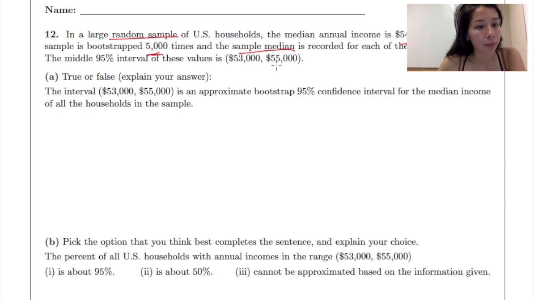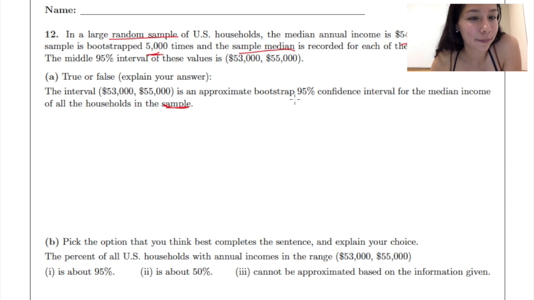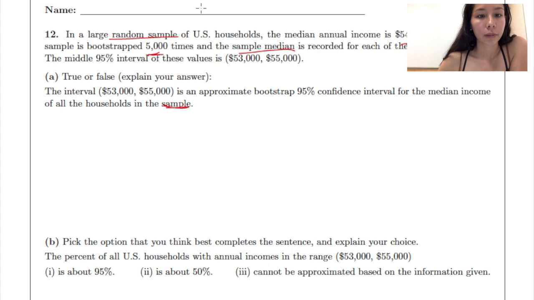Alright, so the first question, we are just looking at true or false, and it says the interval 53,000 to 55,000 is an approximate bootstrap 95% confidence interval for the median income of all the households in the sample. When I immediately looked at this, I thought that the answer was true, and that's actually what I ended up putting. But if you look at what I underlined here, it says it's a bootstrap confidence interval for the median income of all the households in this sample.